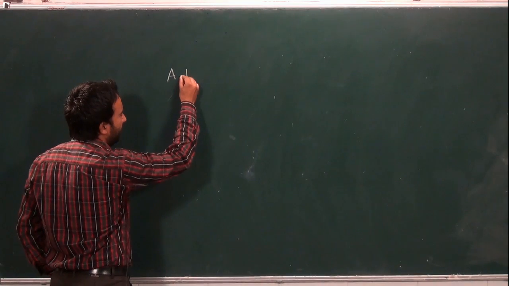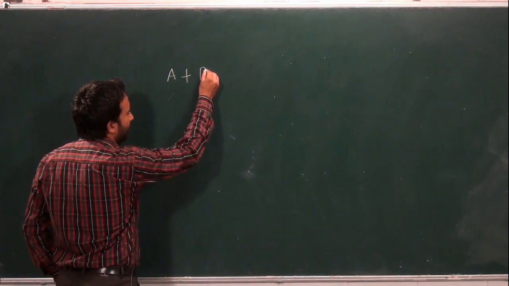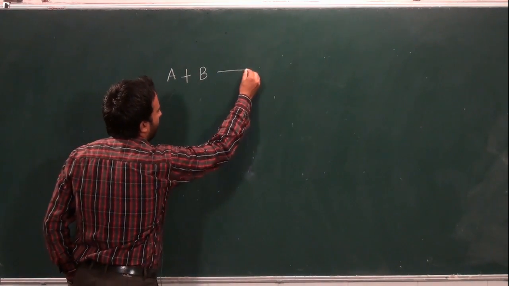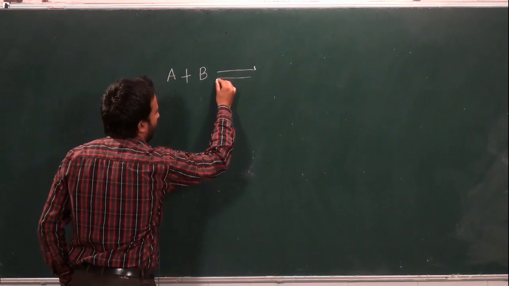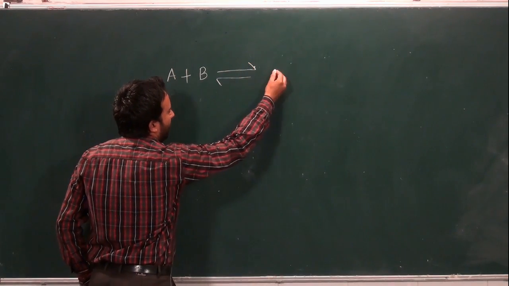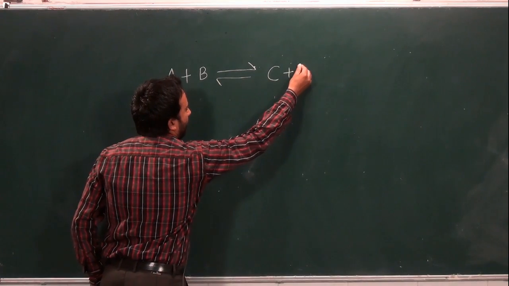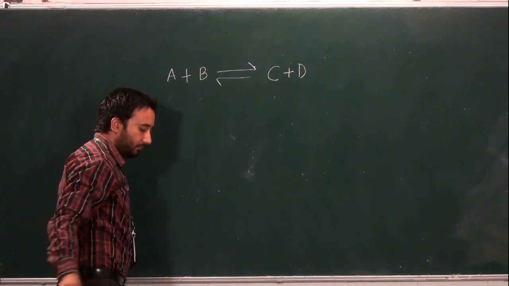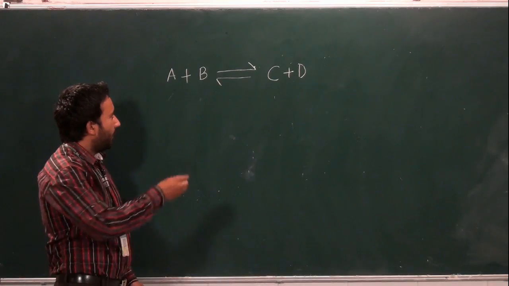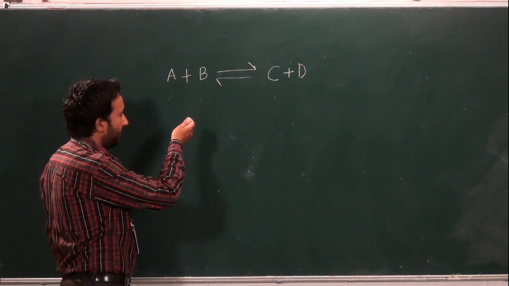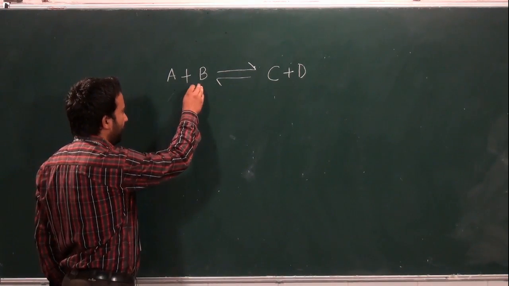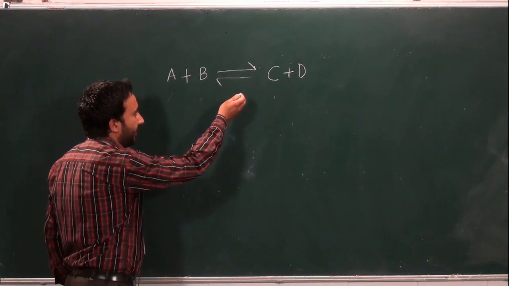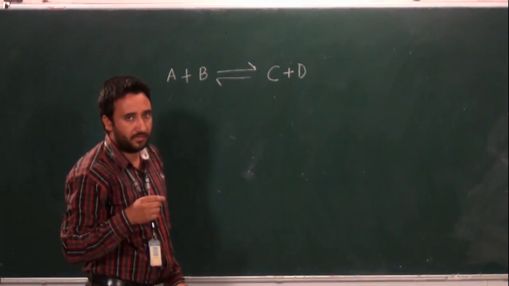A plus B, I am taking a hypothetical reaction, is giving C plus D. A plus B are reacting. These are different reactant molecules and they are giving us the product.